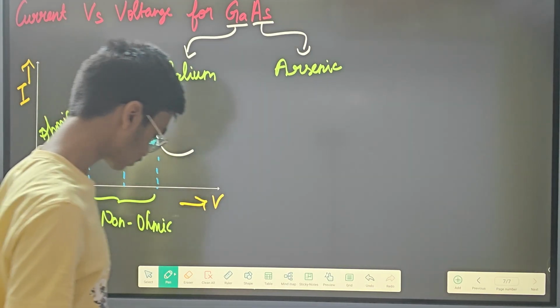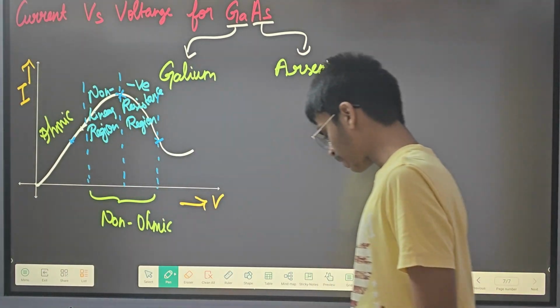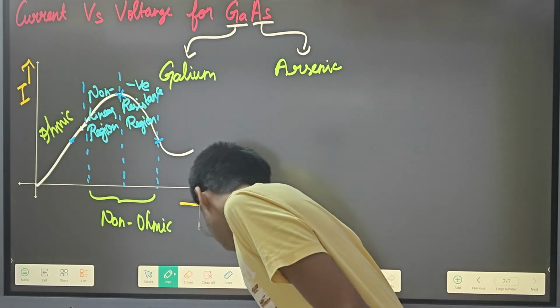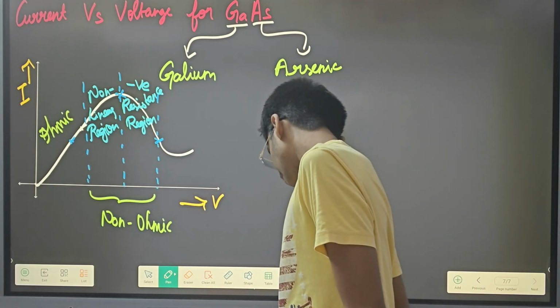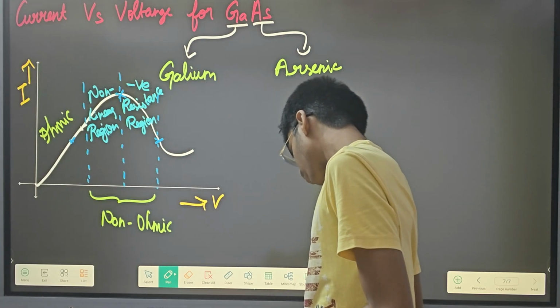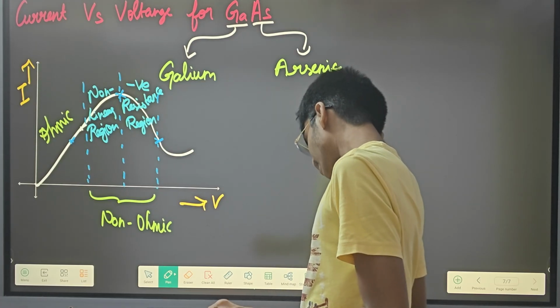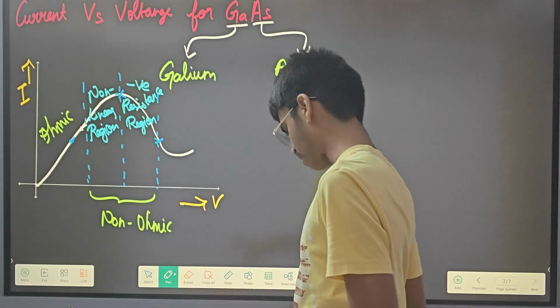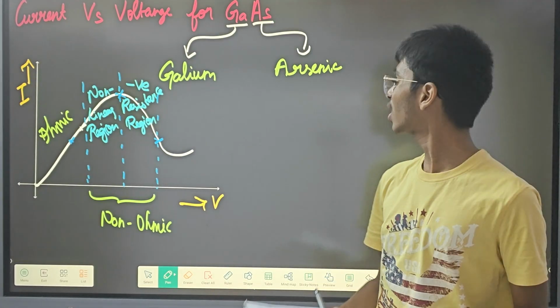The relation between voltage and current is not unique. That is, there is more than one value of voltage for the same current I. A material exhibiting such behavior is gallium arsenide, arsenide, not arsenic.